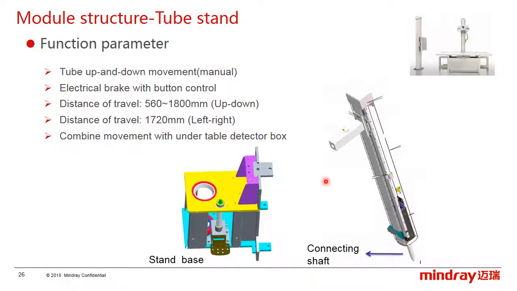Okay, the following structure is the tube stand. First, the tube moves linearly on the stand, up and down. Second, the tube and stand movement brakes are controlled by the electromagnets, and the range of the movement is here, which we should remember.